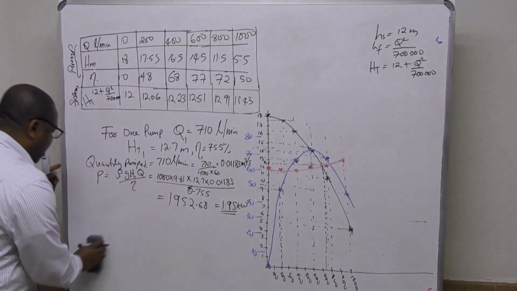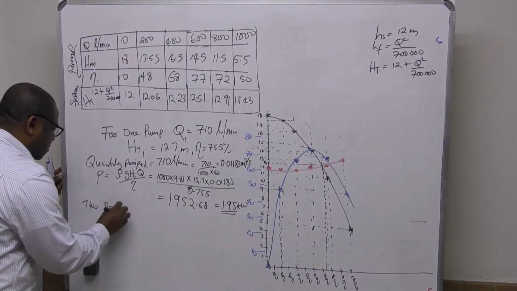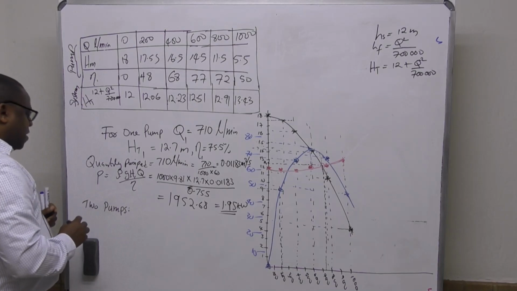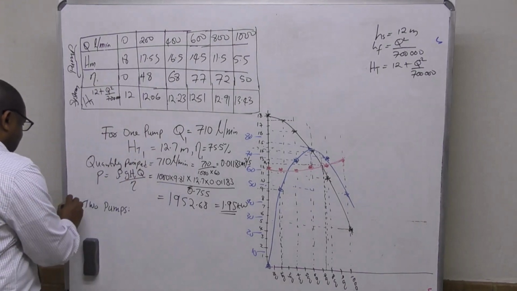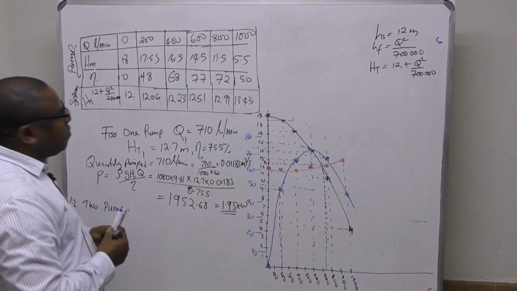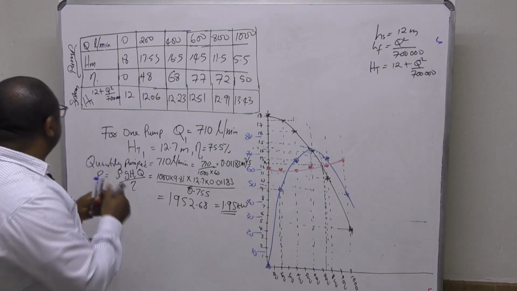Now we are going to look at two pumps. That is the second one, number 1.2. Now, this place is going to be a problem.